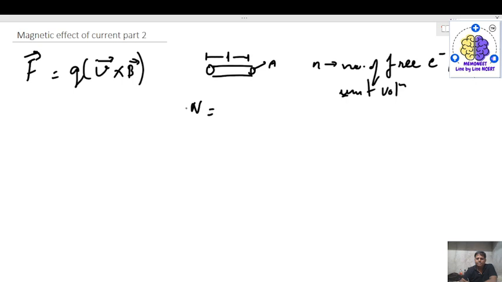Then capital N will be the total number of free electrons in it, and that will be equal to n into A into L. So the total charge flowing in the conductor if a battery is connected across it will be N into e, that is n A L e. This will be the total charge flowing in the conductor, right?